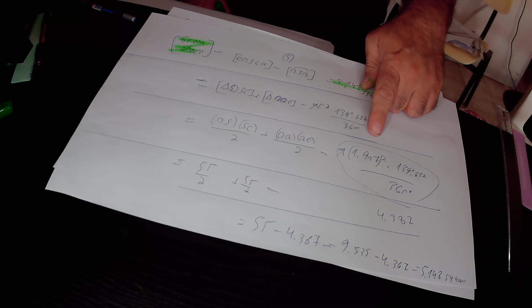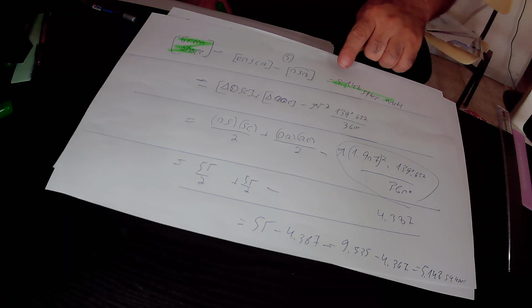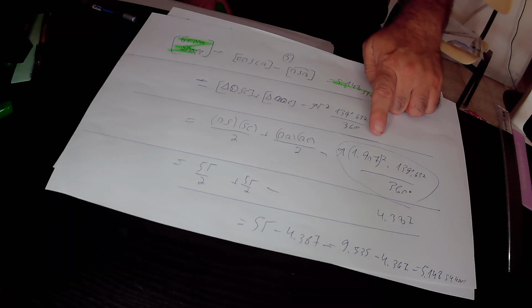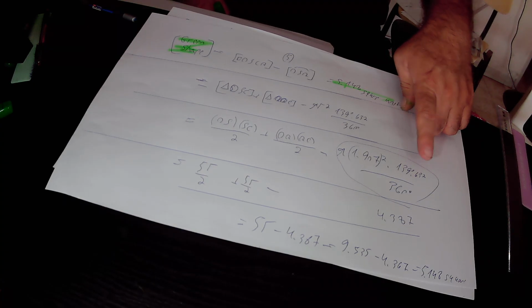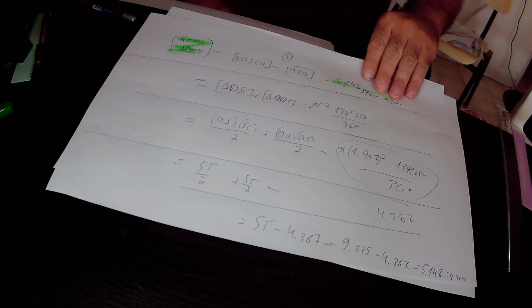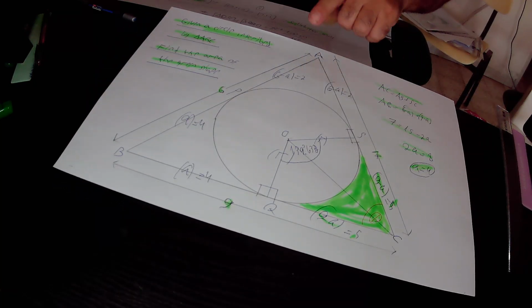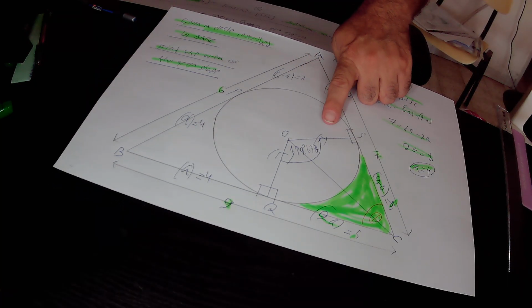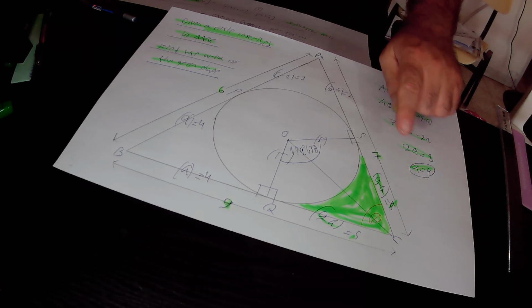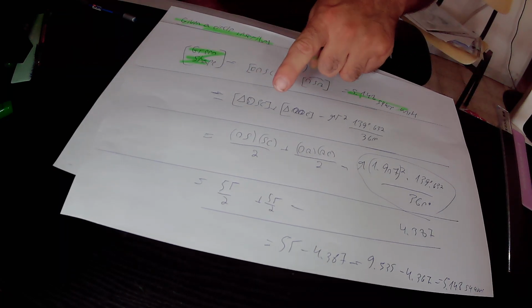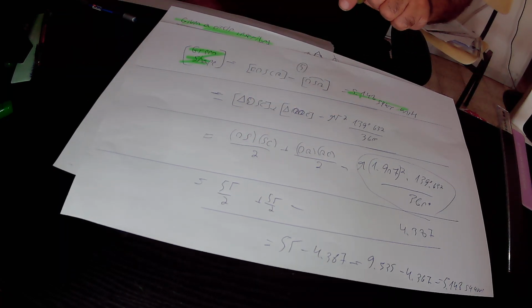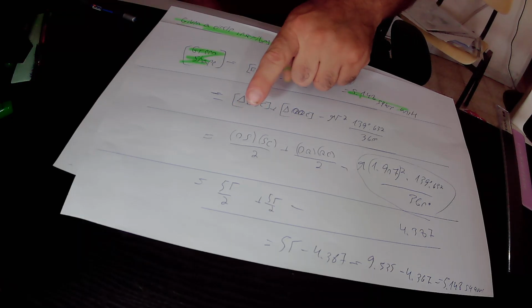R is 1.907, and therefore r squared is 1.907 squared. So pi r squared is pi times 1.907 squared times 139.632 over 360 degrees. OS is the radius of the circle, equal to R, and SC is 5, divided by 2.